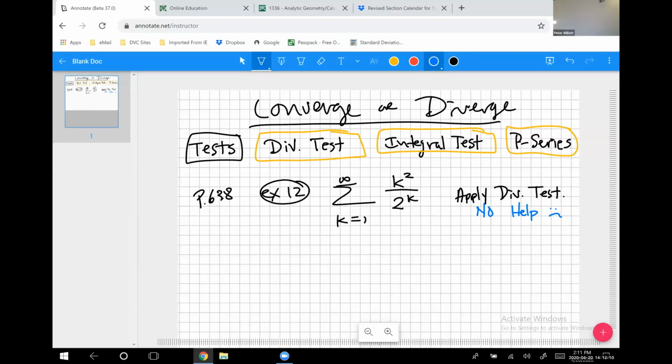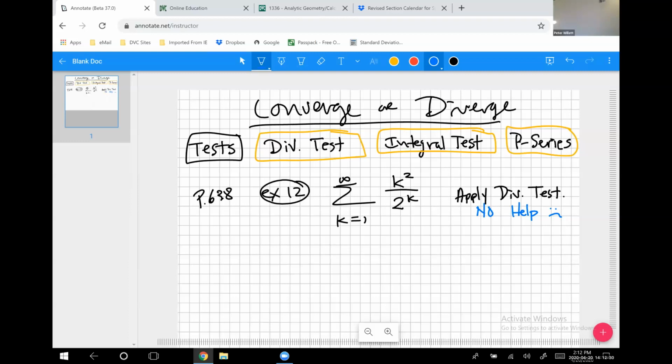But I'm going to point out that we can actually support the fact that this converges with a test, just not the ones we had so far. So I'm going to use this as a segue into the next test, which is the number one test we usually want to use. Yes, Wenzel, that's correct, the ratio test.